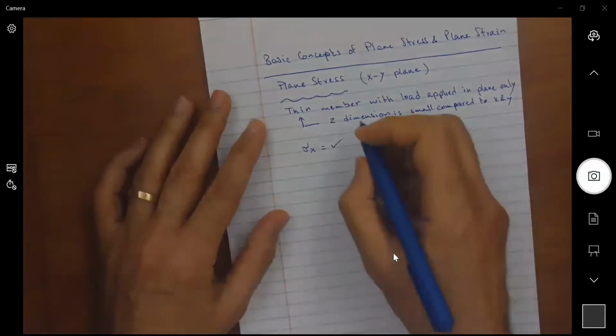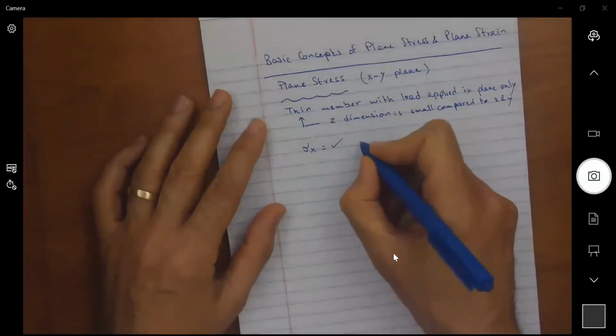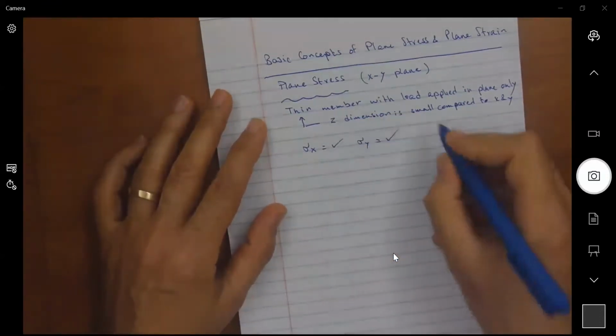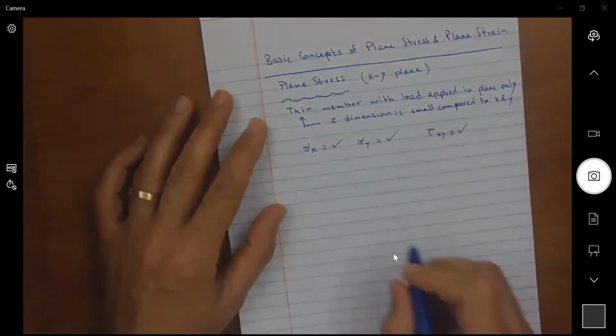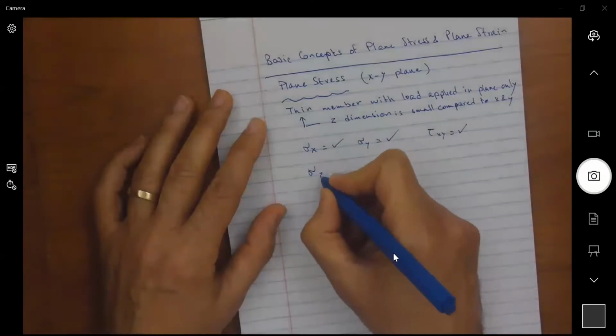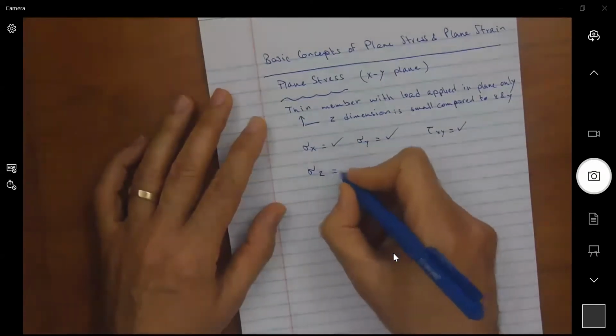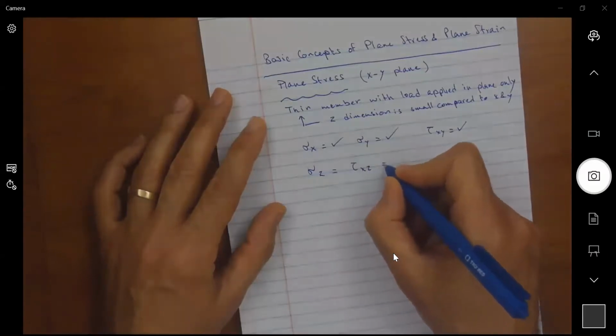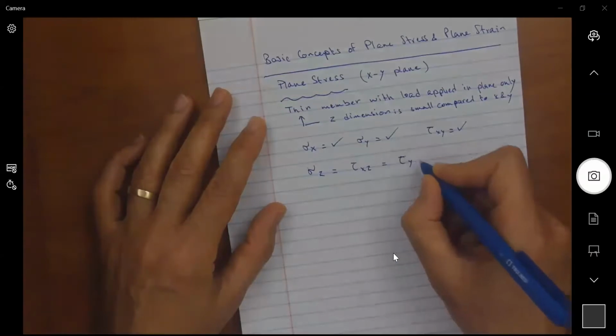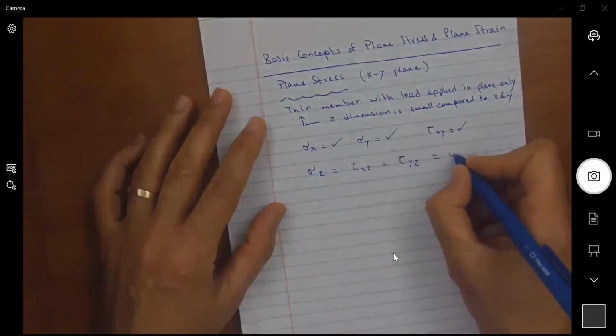I will have a sigma Y. I can have a tau XY, but sigma Z is going to be equal to tau Zx or Xz equal to tau Yz or Zy equal to 0.